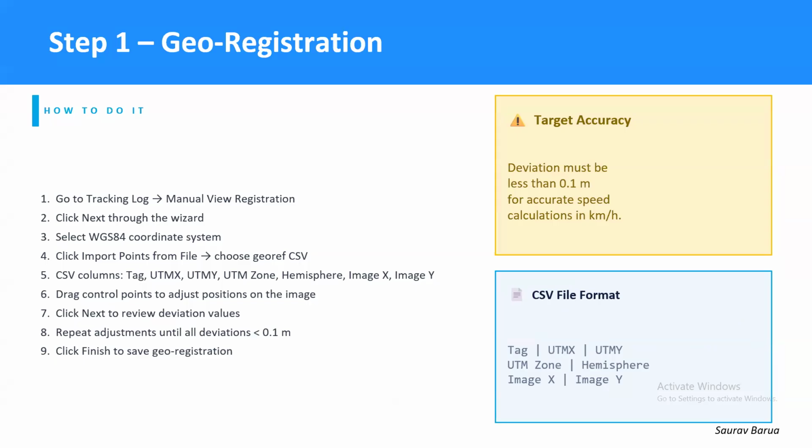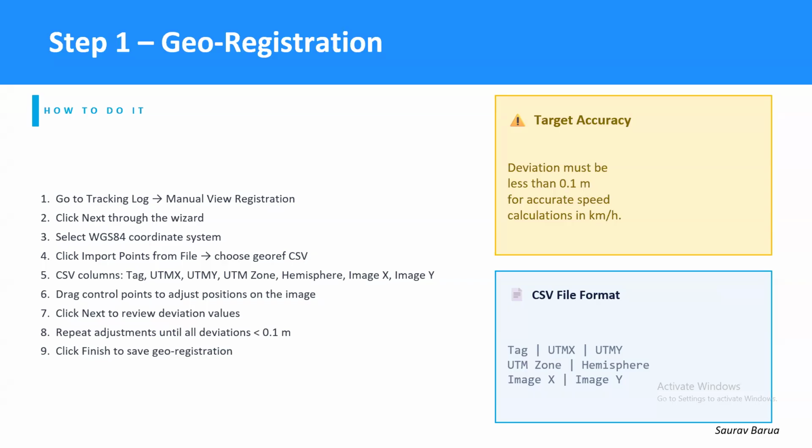So let's look at the first step, that is geo-registration. To do the geo-registration, firstly we have to go to the tracking log, then manual view registration. Click on manual view registration. After that, a wizard window will open.